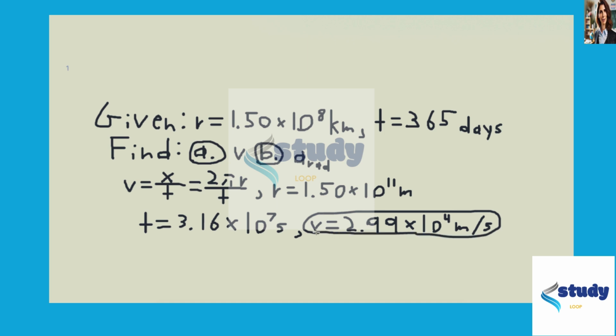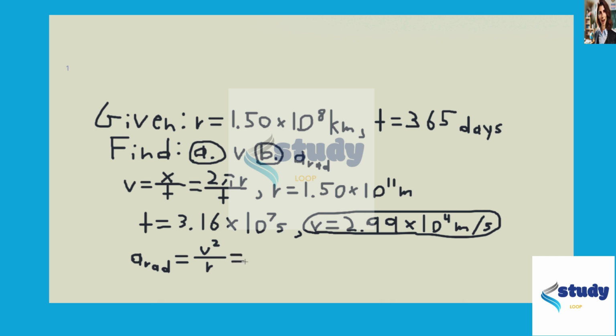And now I'll compute the radial acceleration. We know the radial acceleration is going to be v squared over r. So I plug in the value for v here, and I plug in the r value that I'm given. I'm going to make sure r is in meters though.